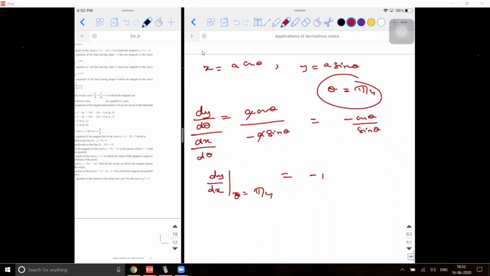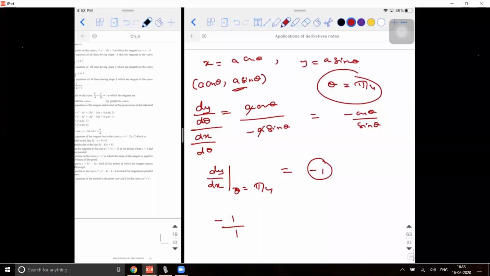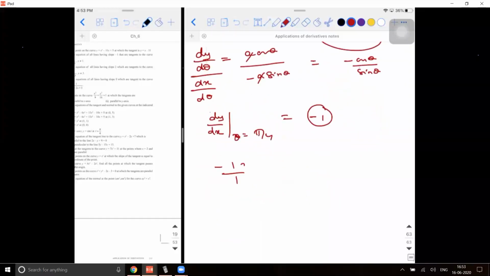So how do I write the equation? Somebody use the shortcut. a cos theta, a sin theta is the point, and minus 1 is the slope. So it is going to be minus 1 by 1. Multiply the numerator with x and the denominator with y.